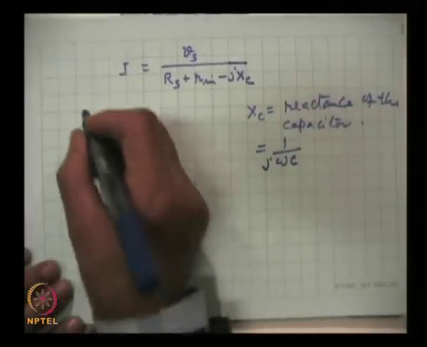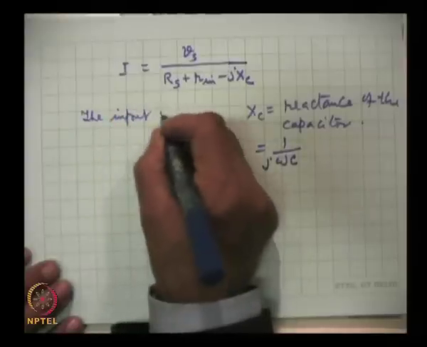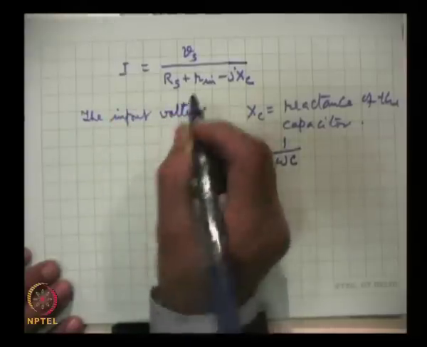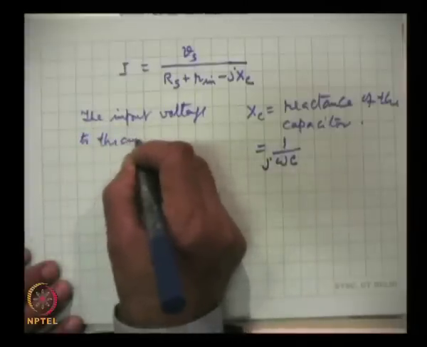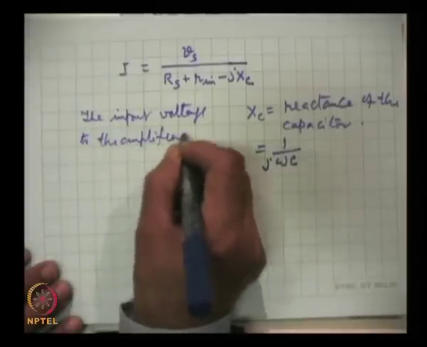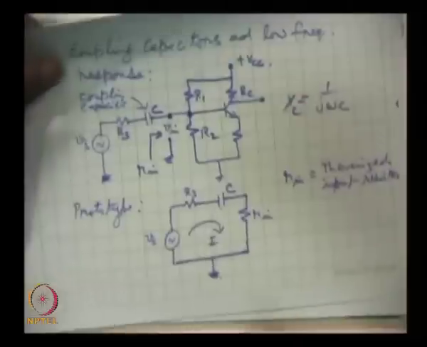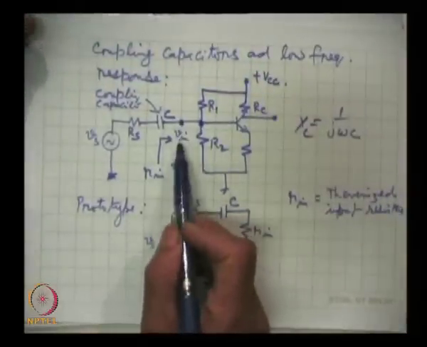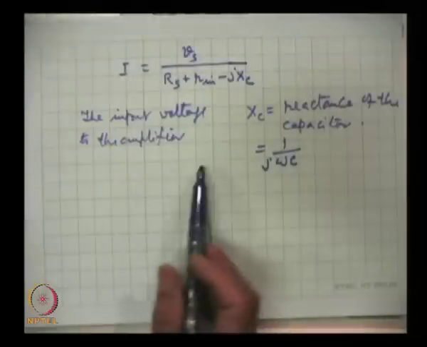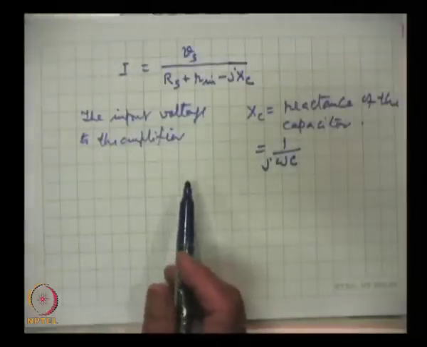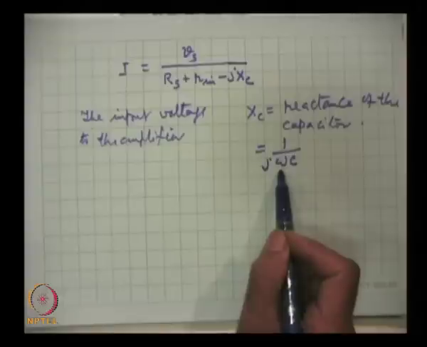And the input voltage to the amplifier. What input voltage? This one, Vin, this is the input voltage, and now we are seeing this is a function of signal frequency omega, here omega is coming.